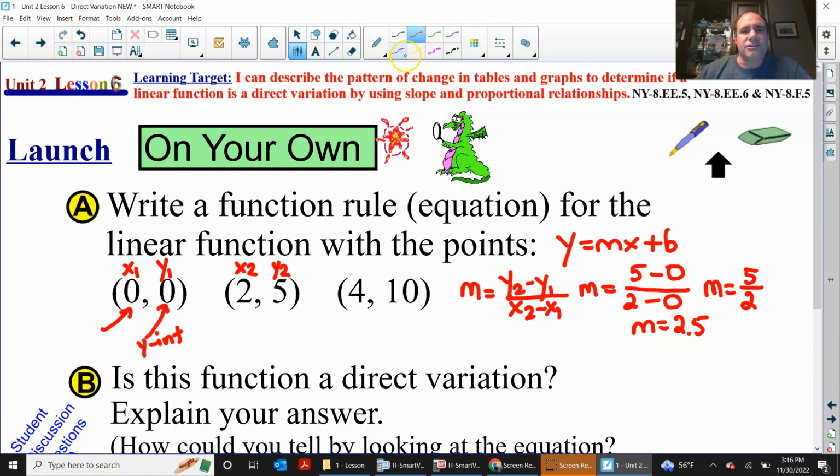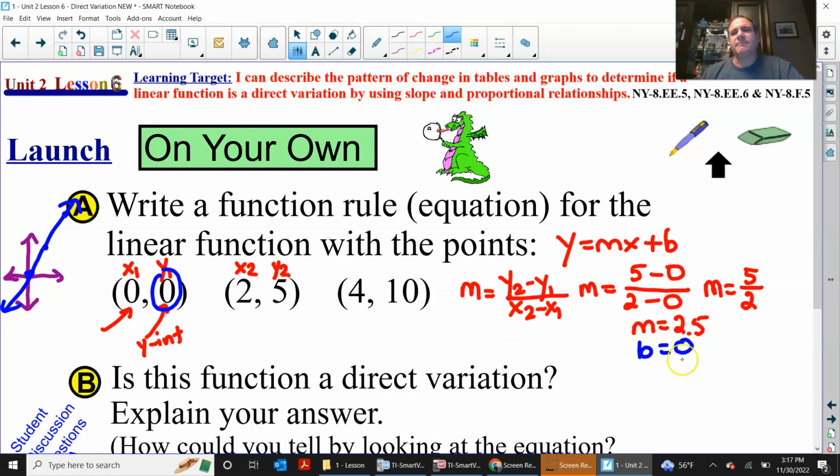All right, if you make a little bit of a sketch on the side here, 0, 0 is obviously right here. 2, 5 would be here. 4, 10 would be here. A straight line would be that way. And it crosses at 0, 0, so the y-intercept is 0. So my b is 0.